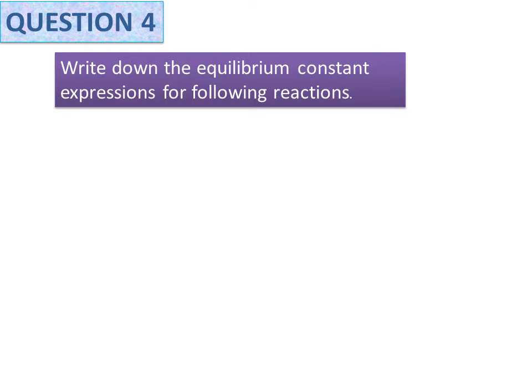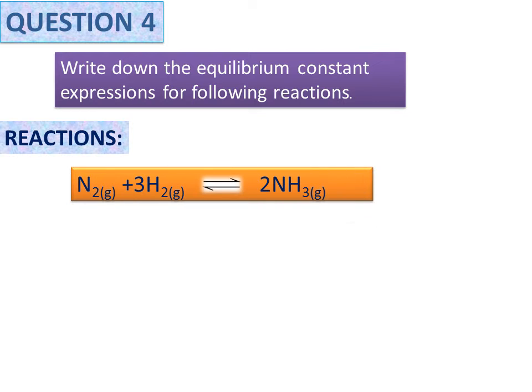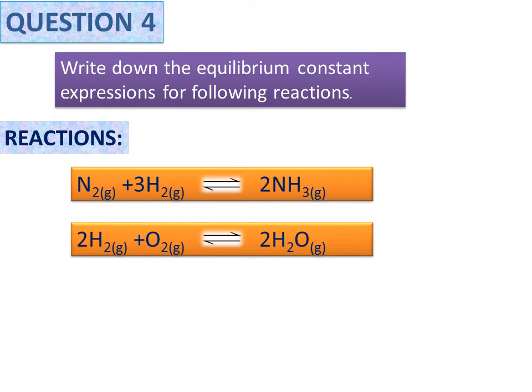Now question number 4 is: write down the equilibrium constant expression for the following reactions. The first reaction is ammonia gas formation: 1 mole of nitrogen reacts with 3 moles of hydrogen and gives 2 moles of ammonia.